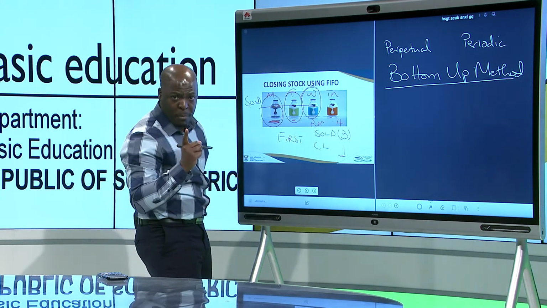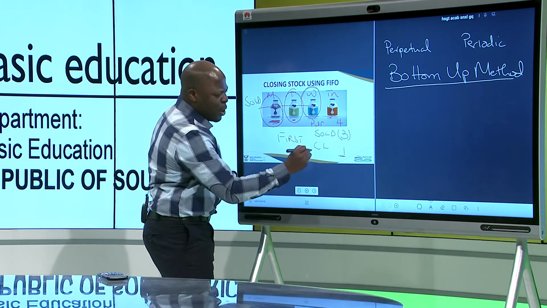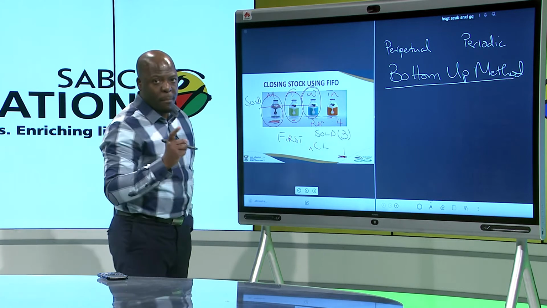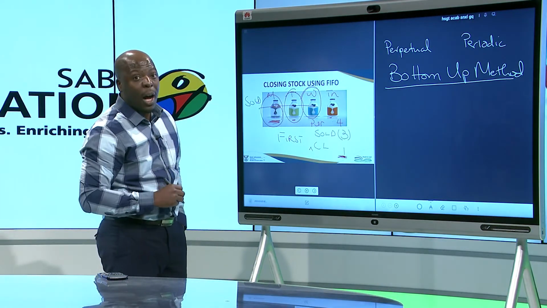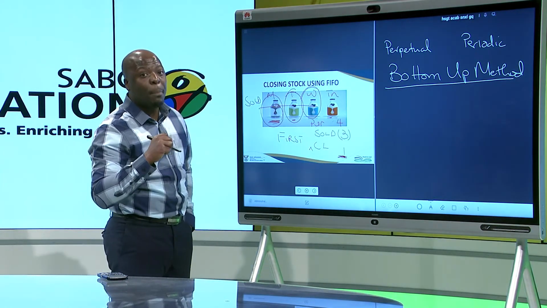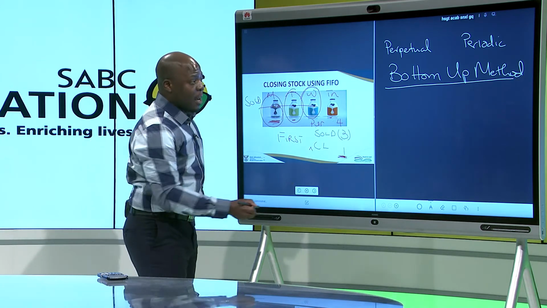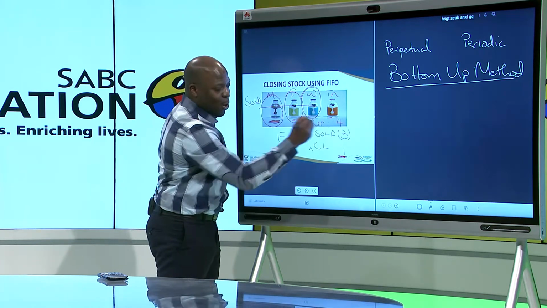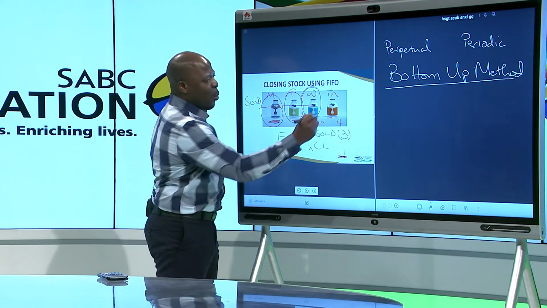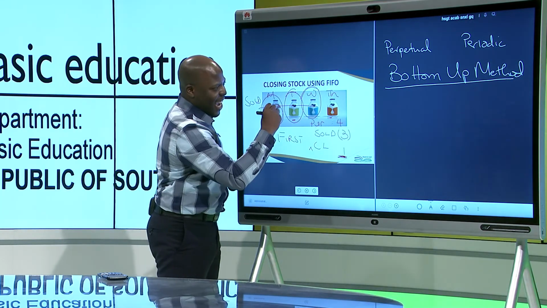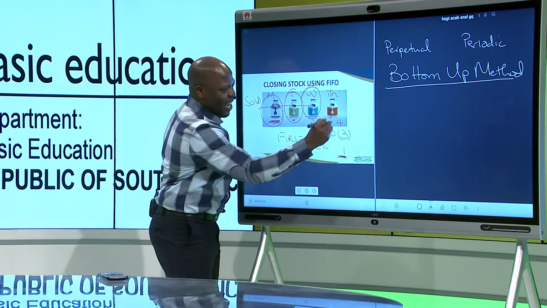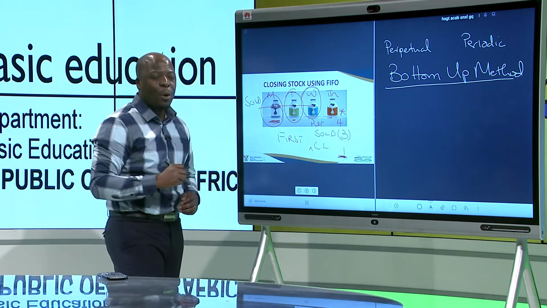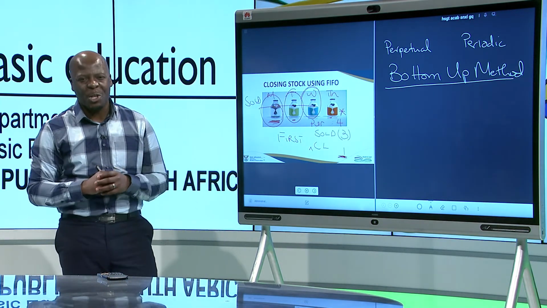So you come here now and say, how many units is your closing stock? 1. And then remember, we are going to apply our bottom-up method. It simply means the last one becomes our closing stock. Which one was the last one? The one we bought on Thursday. And which one did we buy on Thursday? The orange one. So the value of our closing stock becomes the orange one.